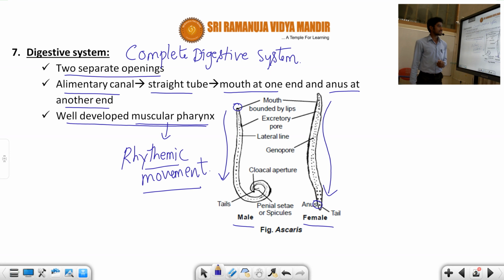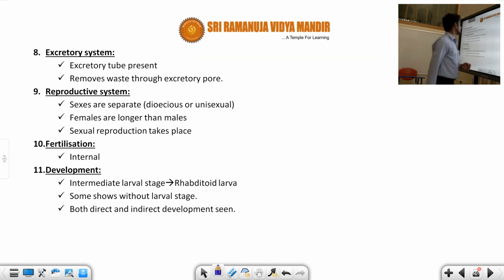Now, students, one more feature is the excretory system. Here an excretory tube is present. You can see this is a diagrammatic representation of the male, for example, and this is a female.